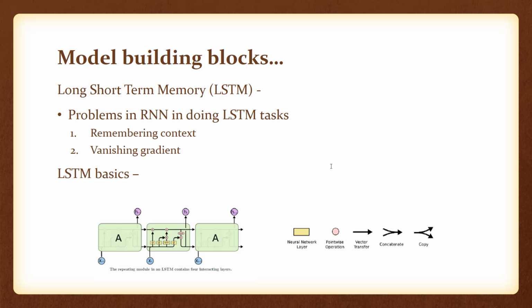RNNs also have a problem called vanishing gradient, in technical terms. This is a difficulty found in training artificial neural networks with gradient based learning methods and backpropagation. In such methods, each of the neural network's weights is updated with the gradients calculated on the cost function with respect to the weight.